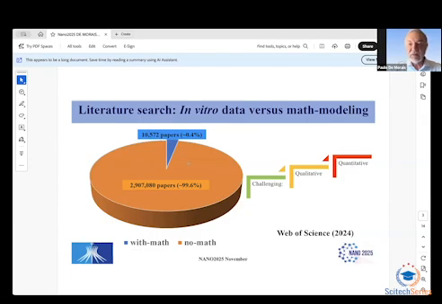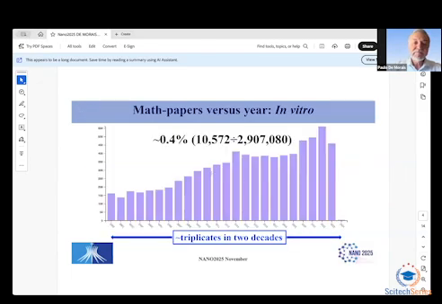Nevertheless, the number of papers published in Web of Science, for instance, which is a very important platform, is less than 1%. However, if you look at the last 2 decades, the number of in vitro papers including a mathematical model has grown systematically, which is a very good point to emphasize.